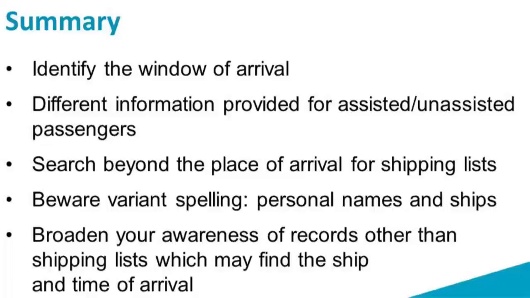Finally, identify the window of arrival: when they were last in one country, and when they were first in Australia. Different information is provided for assisted and unassisted passengers. You can search beyond the place of arrival for shipping lists, so if you can't find something in Queensland, go to the other states.